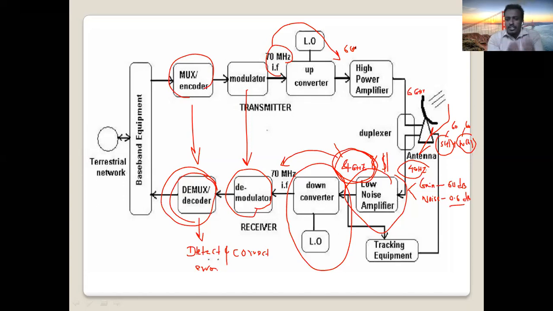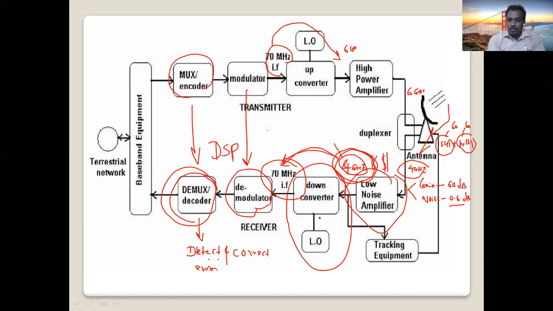So before demodulation, before decoding, in general, before DSP, what we have discussed in our course, digital signal processing, before processing, this carrier must be down converted into only 70 megahertz IF by mixing it with the local oscillator here. So on the transmitter side, the up converter mixer, on the receiver side, the down converter mixer.